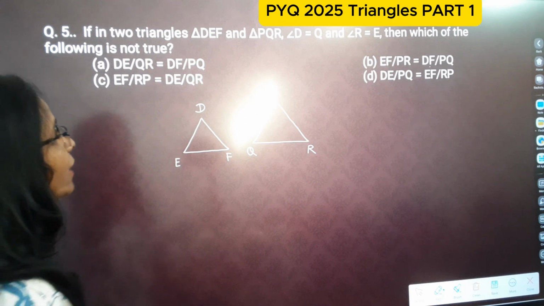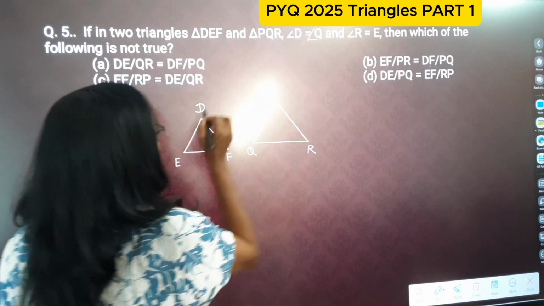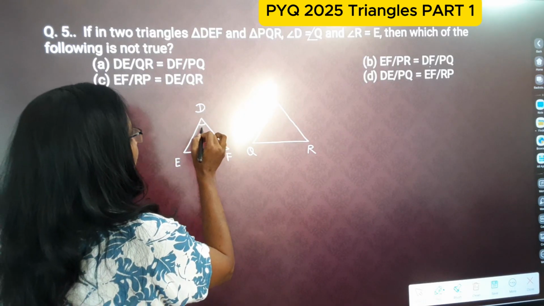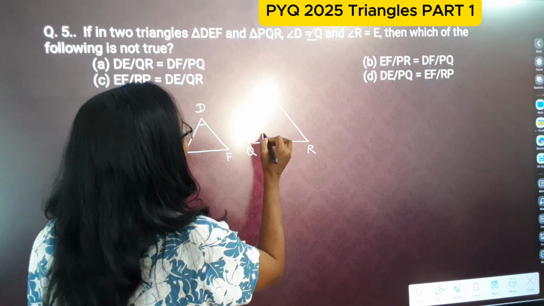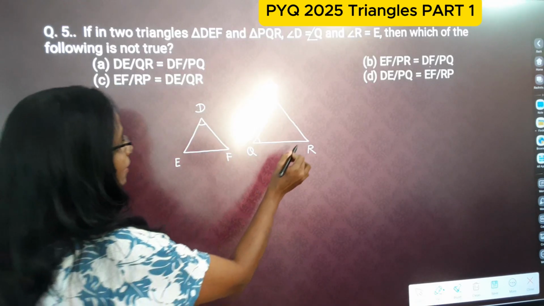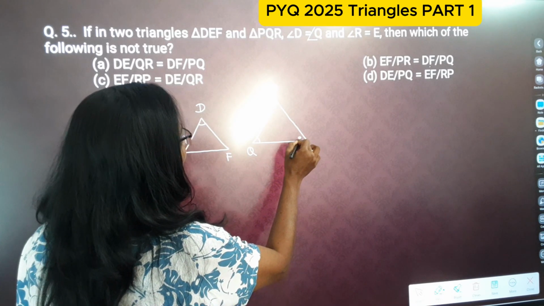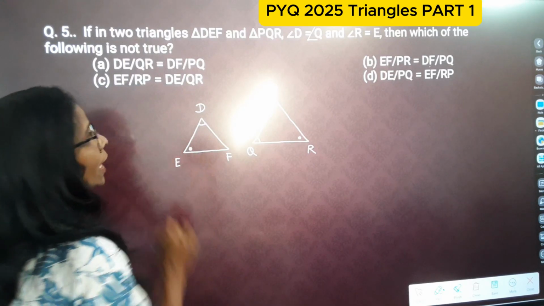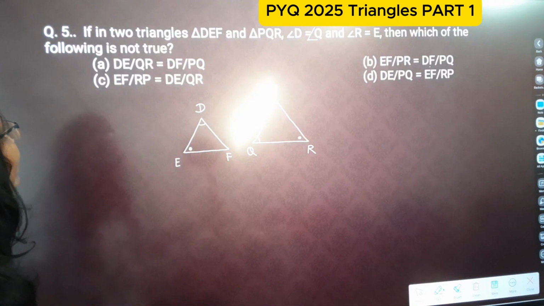Now here students, angle D is congruent to angle Q, and angle R is congruent to angle E. Then which of the following is not true?